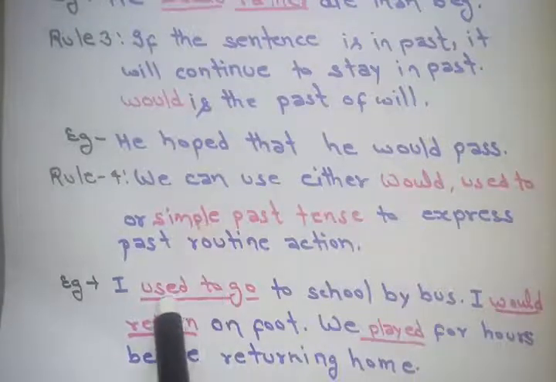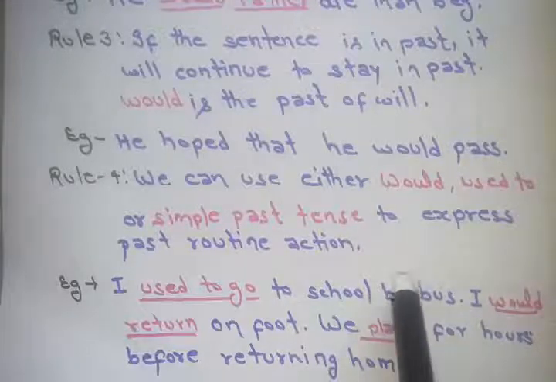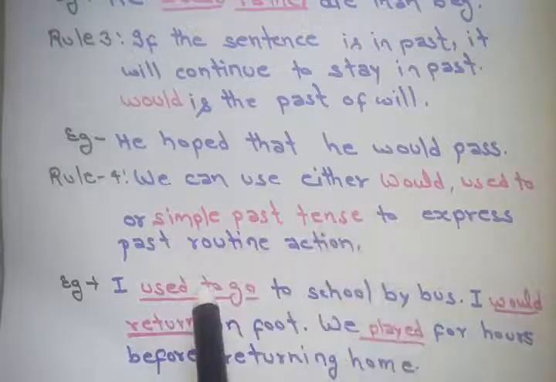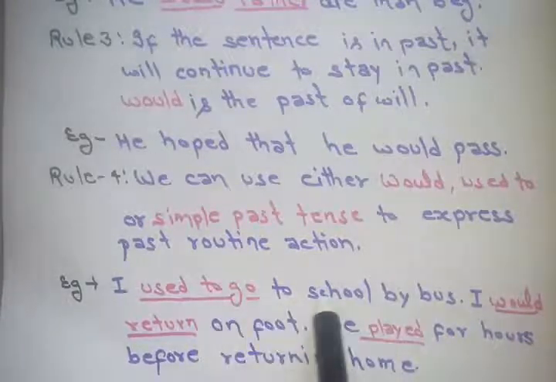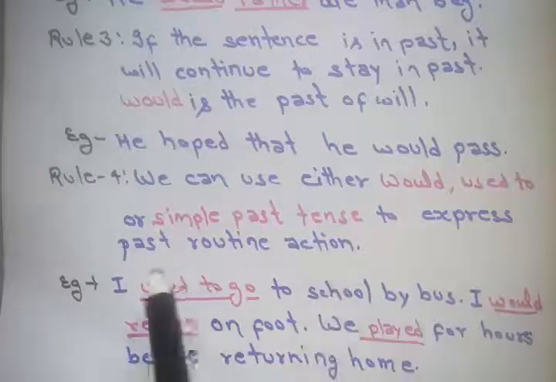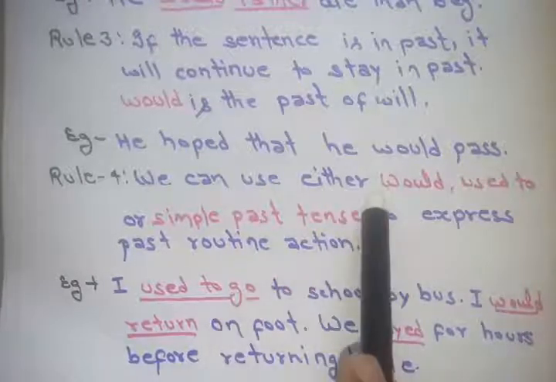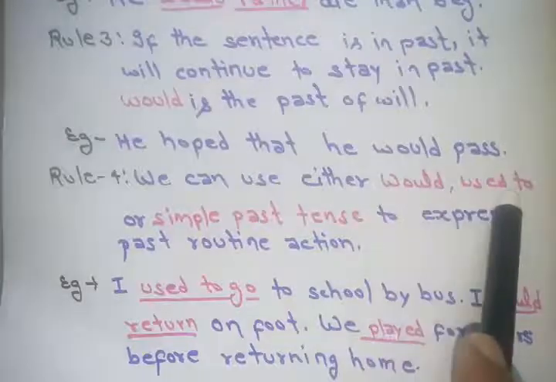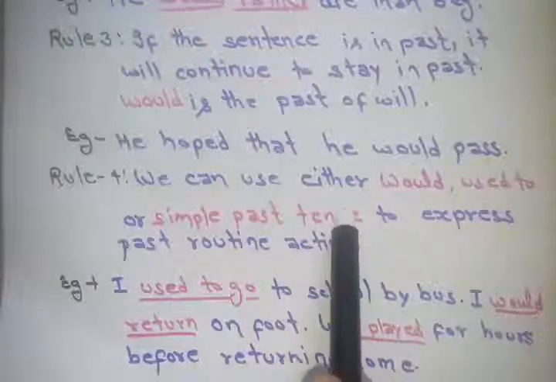We can write it, I went to school by bus, or I used to go to school by bus, or I would go to school by bus. So we can write it in three formats: "used to", "would", or simple past tense.